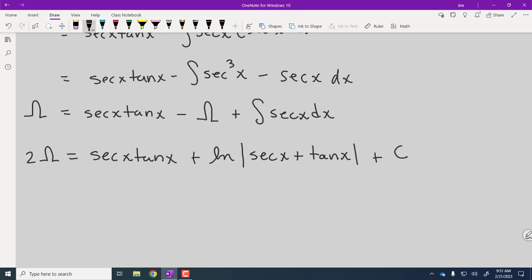What's our last step? Divide by 2. Isolate that omega. We want to know what omega is. Omega is the indefinite integral of secant cubed. So we solve for omega, and that's our last step. So that will be how we can, once again, use integration by parts to integrate something that is pretty complicated.